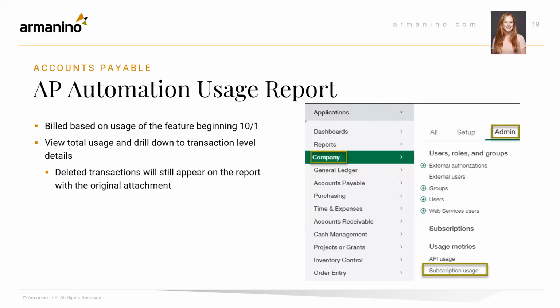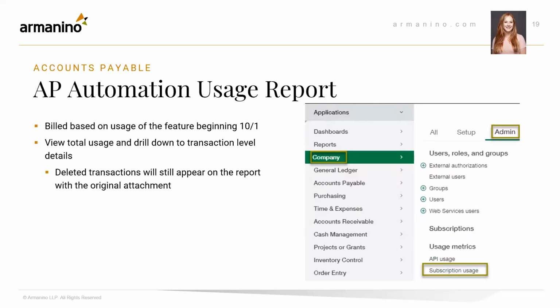So on October 1st, it did become something that Intacct was going to charge for the service or for the module. And with that, they've released the AP automation usage report so that you can have an understanding of how often you're using the AP automation.